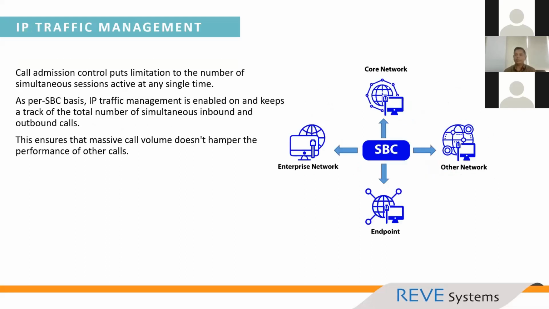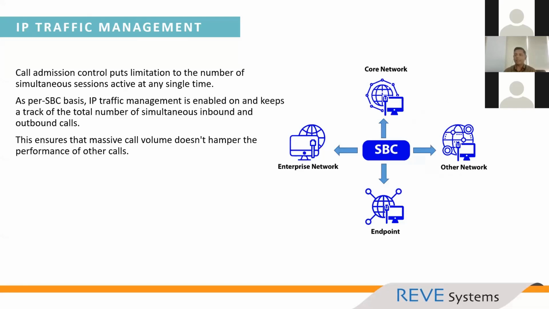Then the IP traffic management. This is also a major thing for increasing the capability of a network. In SBC, a massive call volume might be generated from a single source. It should not hamper the performance of the other calls, because the calls are distributed across the system.